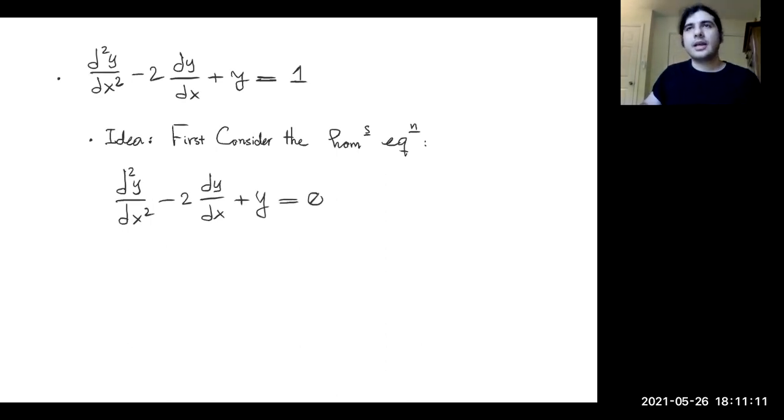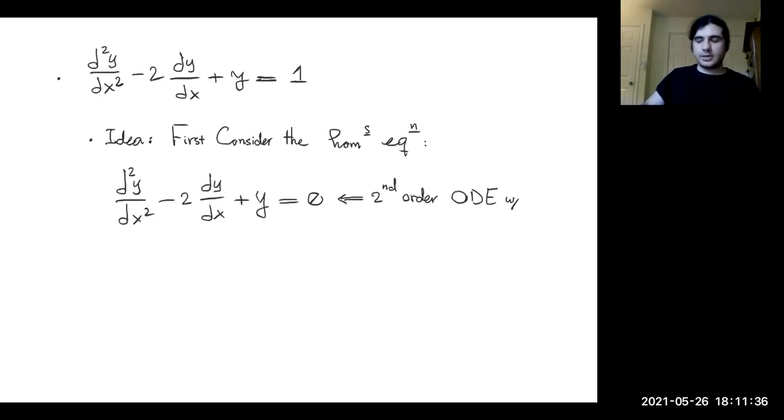Right. Now, we know what kind of ODE this one is. This is a second order linear ODE with, well, the important property of this ODE is that the coefficients are all constants, right? The coefficient of d squared y over dx squared is 1.